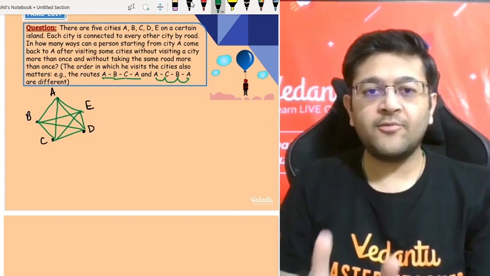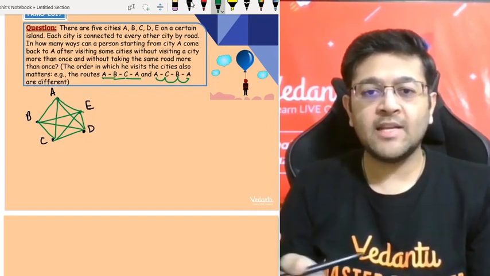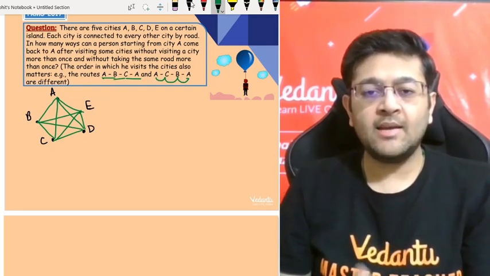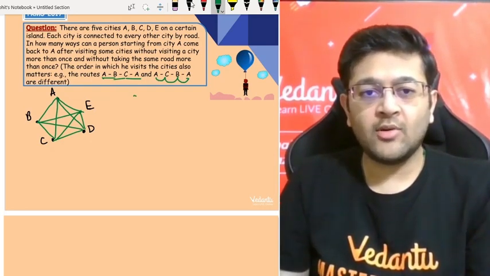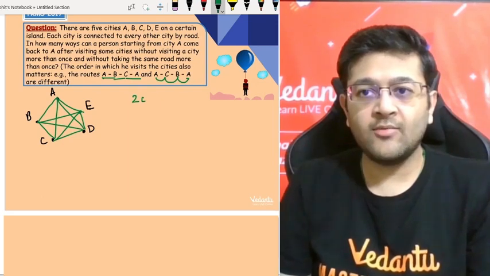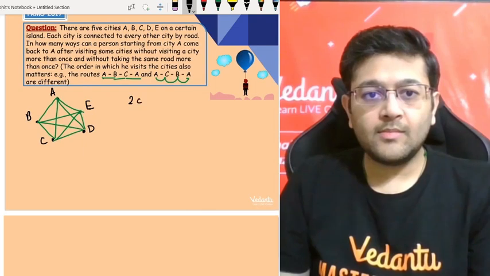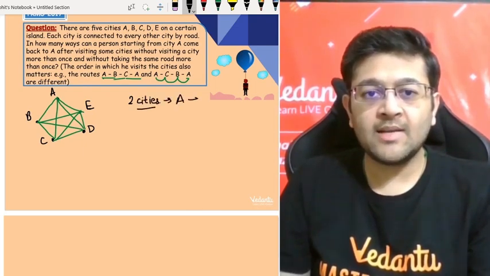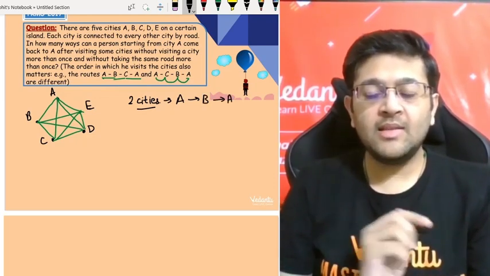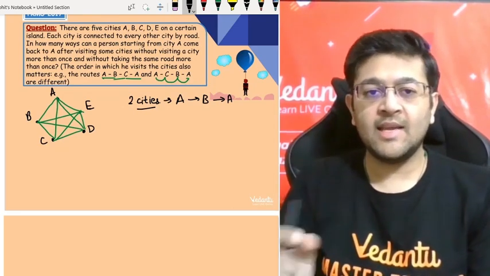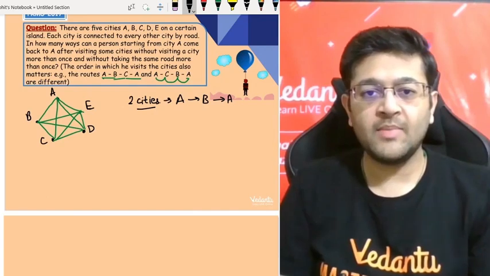Now let's say we take different cases where a different number of cities are involved. So let's say अगर only 2 cities are involved. 2 cities meaning A से for example B जा रहा है and then B से A आ रहा है.